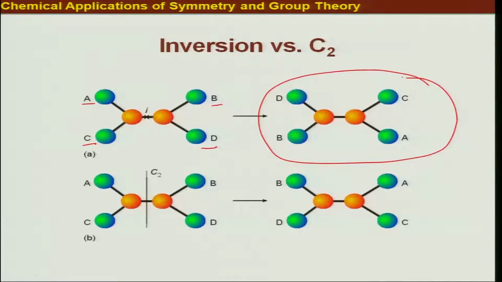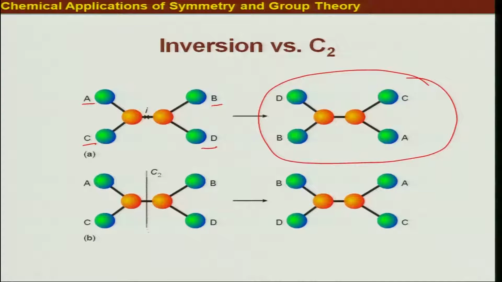Now C2, on a first glance, gives you a feeling that it will end up doing the same thing, but will it really do that? Let's have a look at it. If you look at your screen, you can see a C2 axis which is in the plane of the molecule.